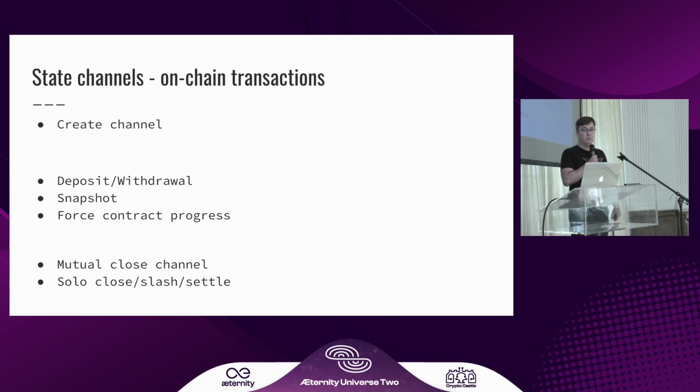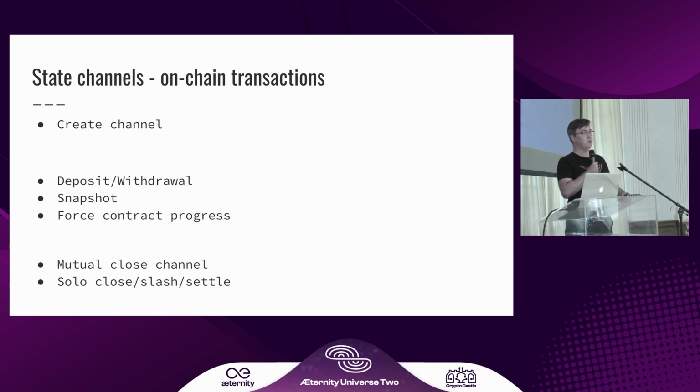Another thing you can do is force a contract call. If you believe that, for example, you're playing and it's your turn, and you have this great move, and your opponent doesn't want to approve it because it's too good a move, you can go to the chain, and if it's a valid contract call, you can force it via the chain.